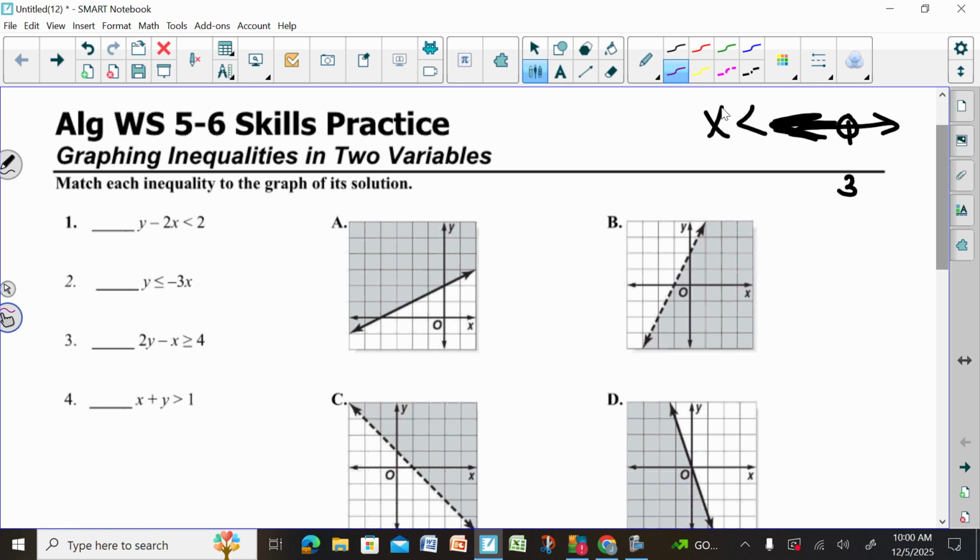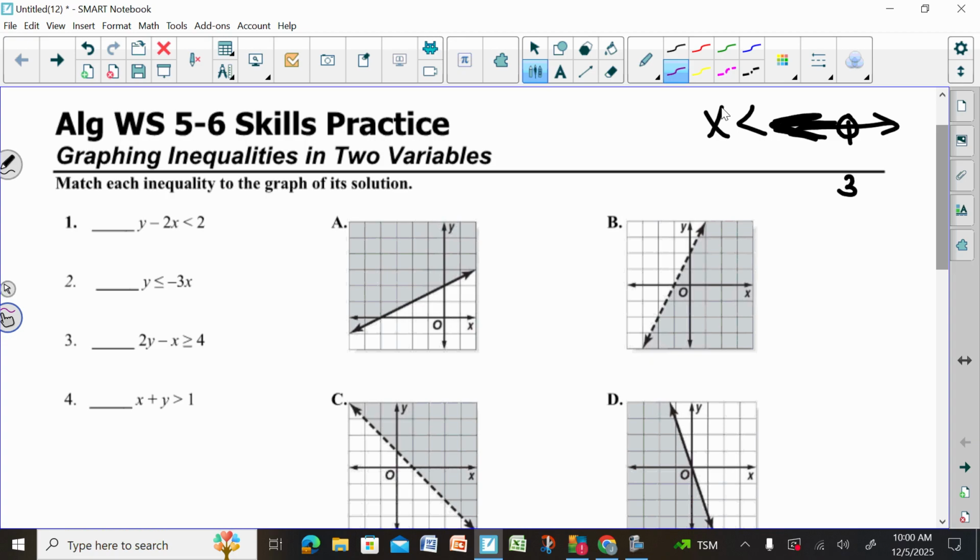Well, now we might have solutions where there's an x and a y. And so open circle on the number line is the same thing as a broken line on the graph. So if you look at graphs B and C there, they're broken. We do not include those ordered pairs as solutions. The only ordered pairs that are solutions are in the shaded region. So it's just taking the concept of the number line onto the coordinate plane.